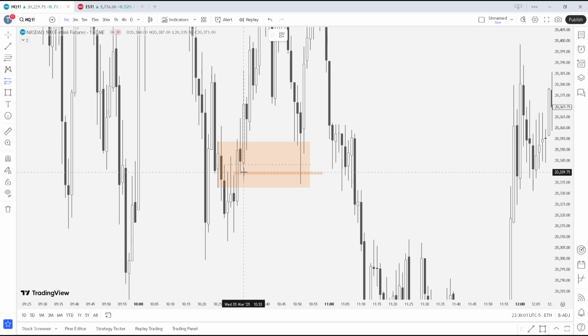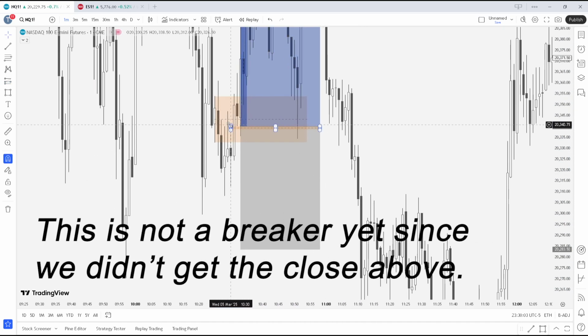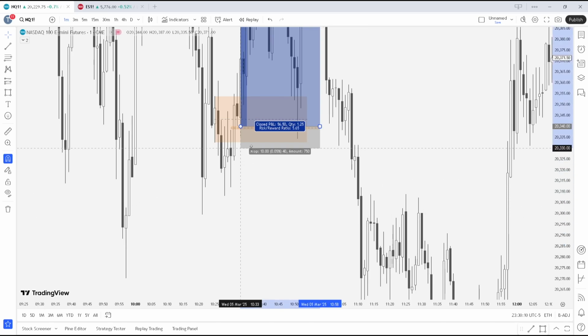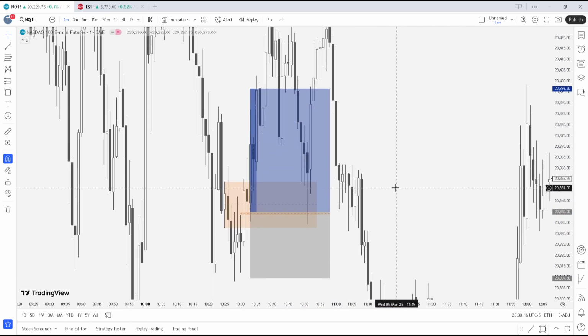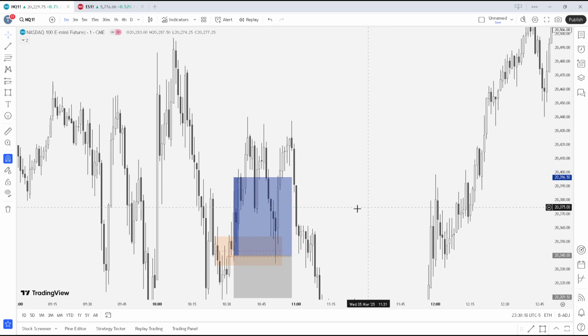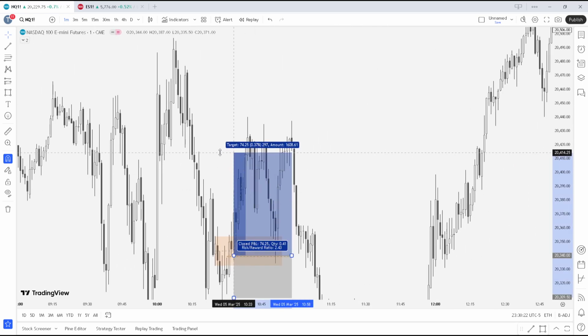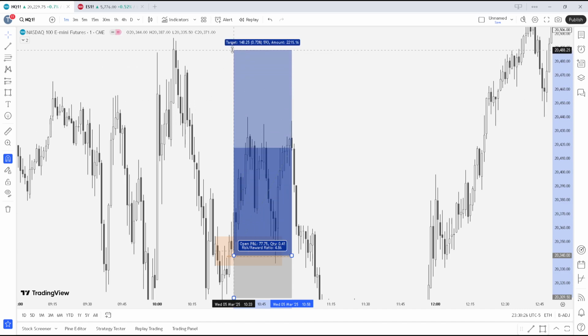And you could have taken an entry right here off the BISI plus breaker. And where would your stop loss be? You could put it below the breaker, you could put it below the swing lows right here. And then you can target buy side here, there's buy side here. There isn't really anything too good.